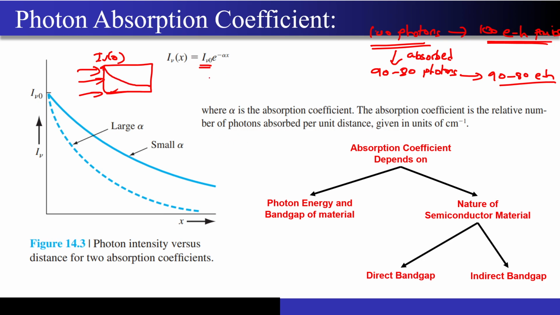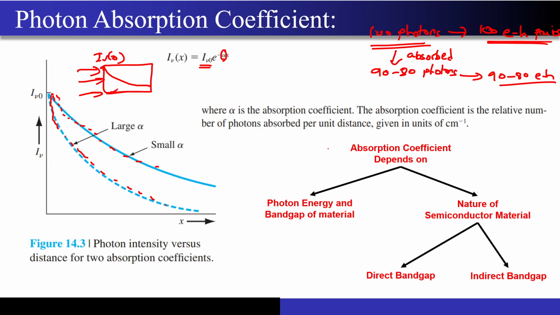And this alpha is the parameter for a semiconductor material. If I have a large alpha, the intensity will decay very rapidly. If I have a small alpha, the fall of the intensity is gradual, not as deep as in the case of large alpha.